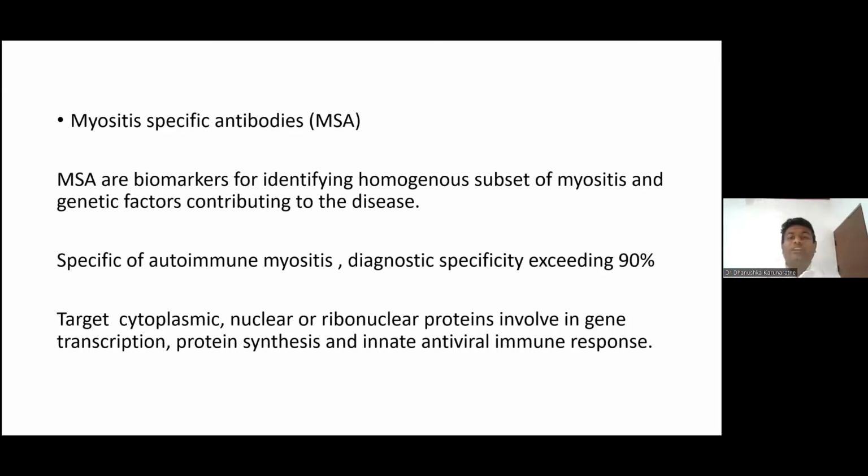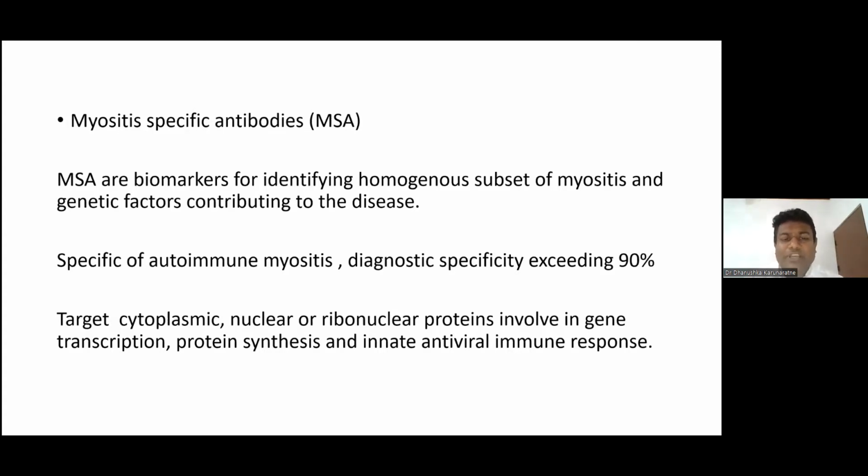MSA antibodies have always been very specific to the clinical syndromes or disease, and hence they are not found in other forms of autoimmune connective tissue disorders, and they give a diagnostic specificity exceeding 90%. And another feature is that a single disease entity or a patient does not share 2 MSA antibodies or specific antibodies together.